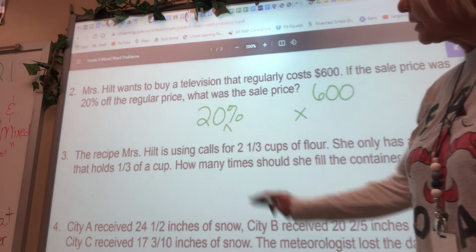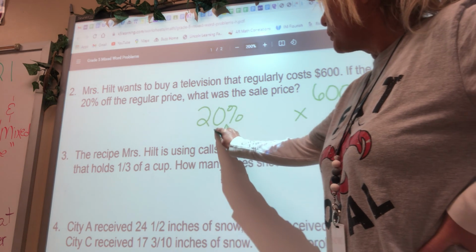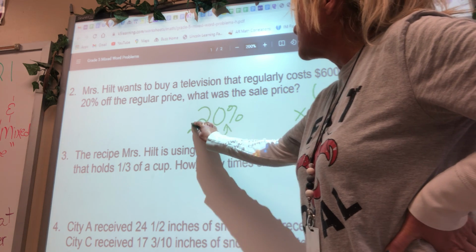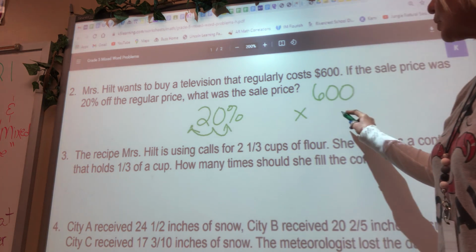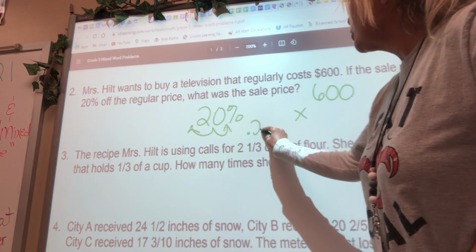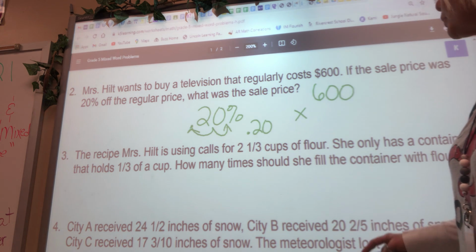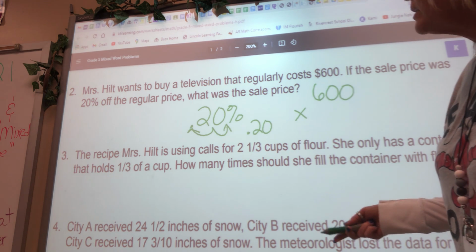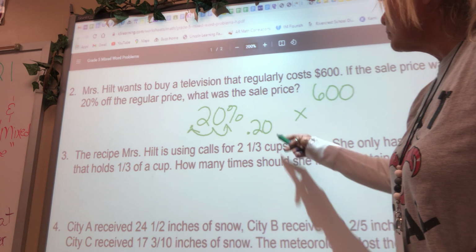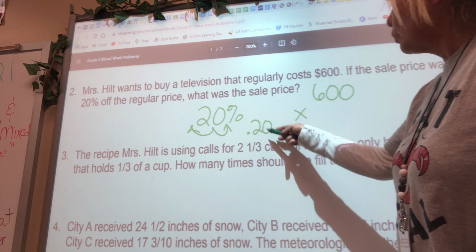The decimal is implied at the end. We move it 2 times. So as a decimal, it is 0.20.